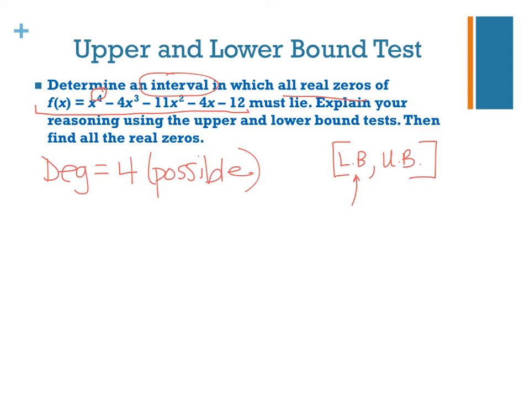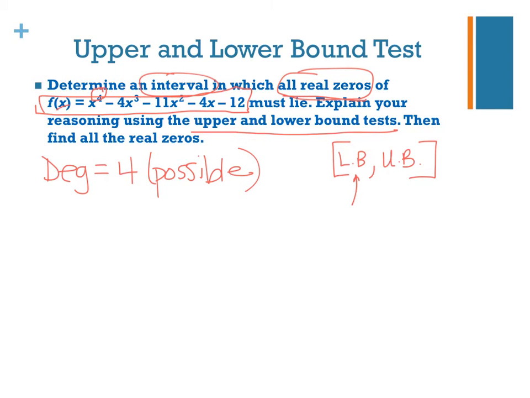And what you're saying is that all the real zeros of this polynomial function f of x are in this interval or domain. Okay, so I hope that makes sense. And we're going to explain your reasoning using the upper and lower bound test that we've described, those patterns. Again, the lower bound test, your divisor has to be less than 0, and for your upper bound it has to be greater than 0.